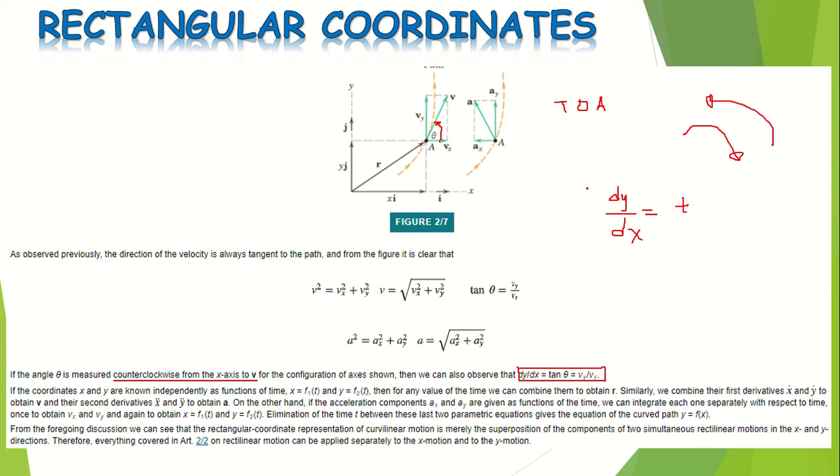So remember, this is the slope, right? This is tangent of theta, which is equivalent to, from the picture, v sub y divided by v sub x.